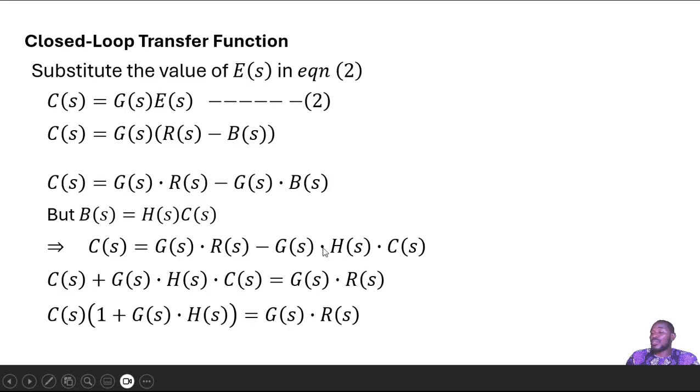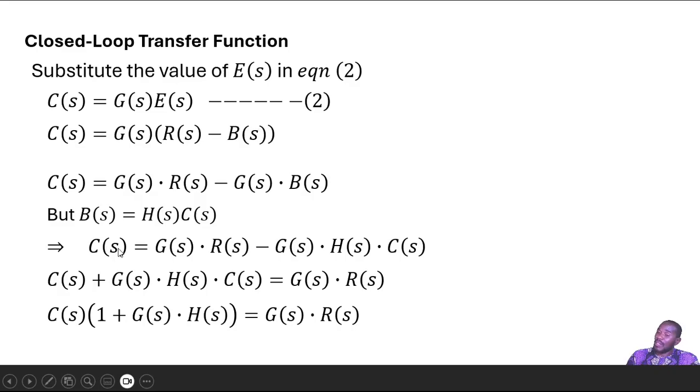Now, when you look at both sides of the equation, there is a C of S here and a C of S here. We want them to be together. So we're going to add this whole expression, G of S, H of S, C of S, to both sides of the equation. Or we say we move this expression to the other side of the equation, and when that happens, this becomes positive.